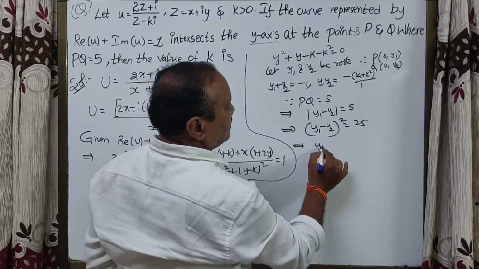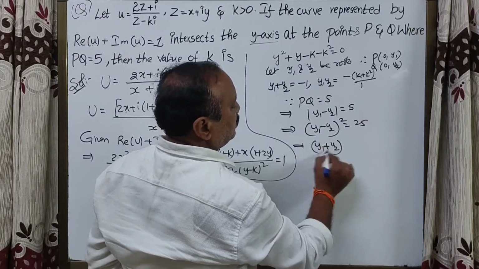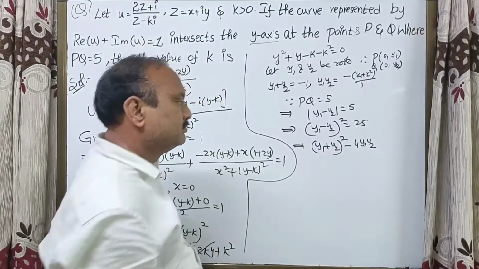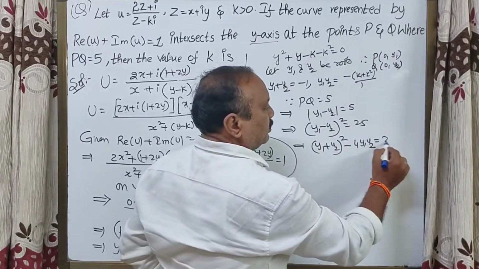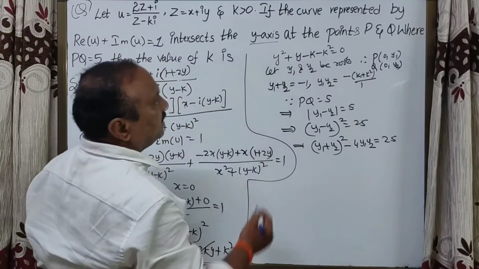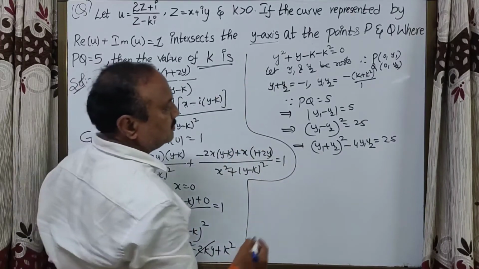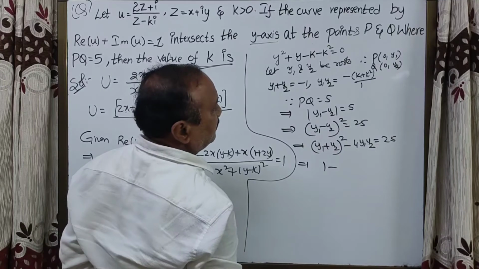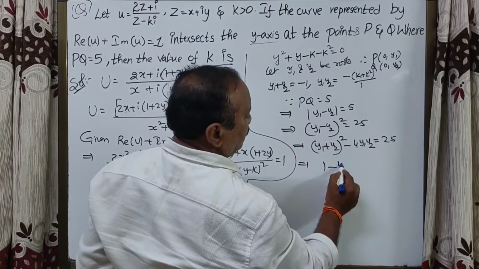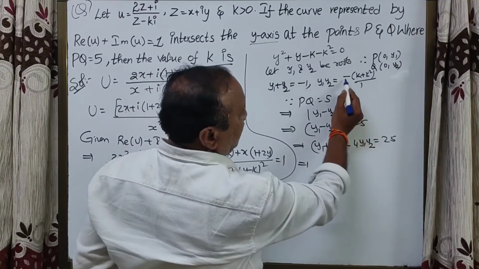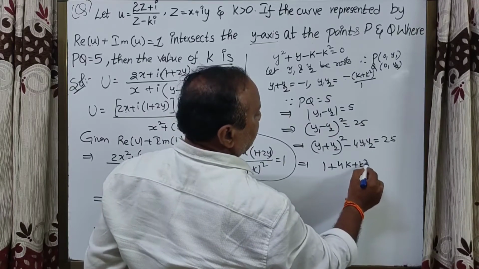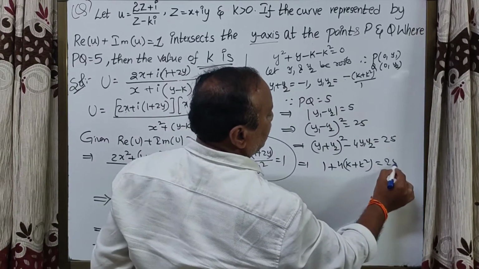We write this as (y1 + y2) whole square − 4 y1 into y2 equal to 25. He wants the value of k. y1 + y2 is −1, whole square is 1. Minus 4 into y1 into y2 is minus, here minus plus k square equal to 25.